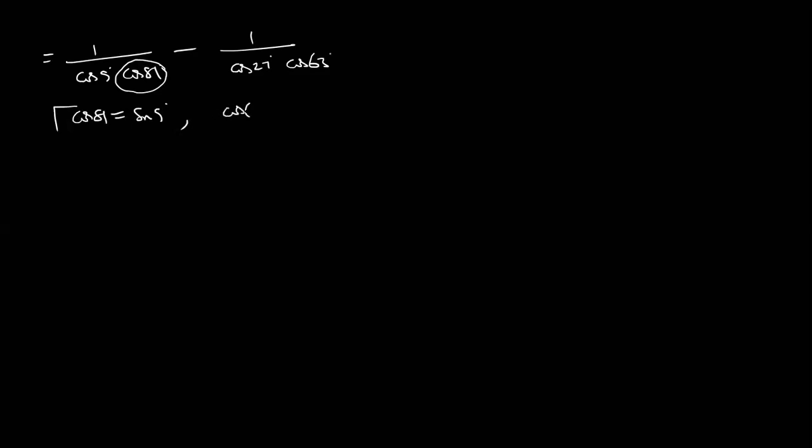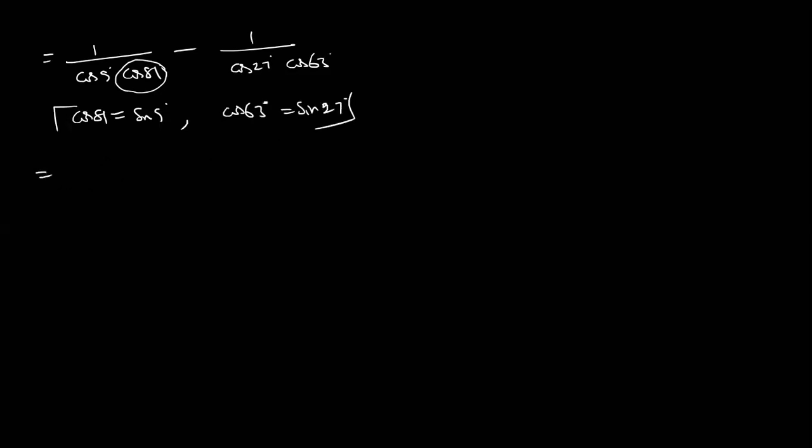So what you are getting is 1 by cos 9 into cos 81 minus 1 by cos 27 into cos 63. Correct? Now, what is the complementary angle of cos 81? We know that cos 81 means I can write sin 9. Cos 63 means we can write sin 27, because both are complementary angles.